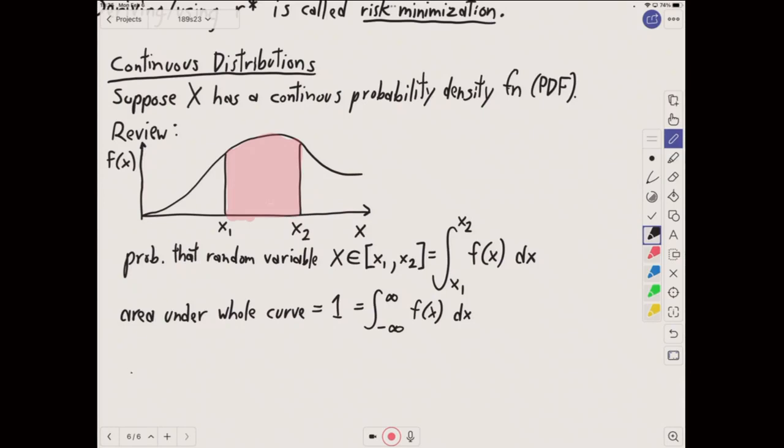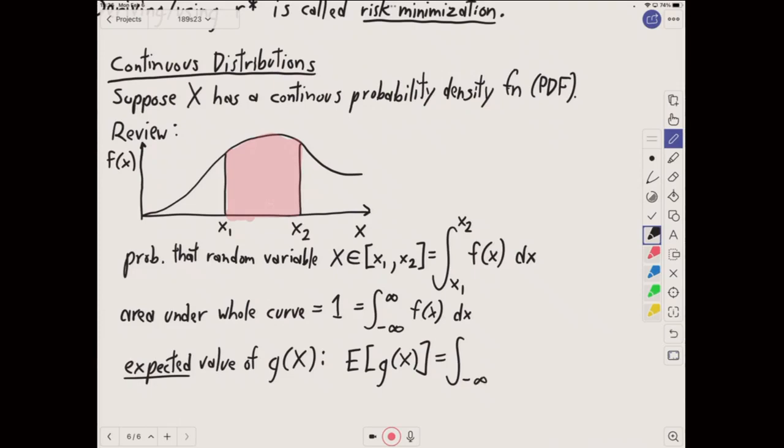Once we have a PDF, we can talk about things like the expected value of a function. Let's suppose I have a function g that I can apply to my random variable x. And I ask, what is the expected value of that over the whole distribution? Well, that is the integral from minus infinity to infinity of g of x, little x, times f of little x, integrated over all possible values of little x.